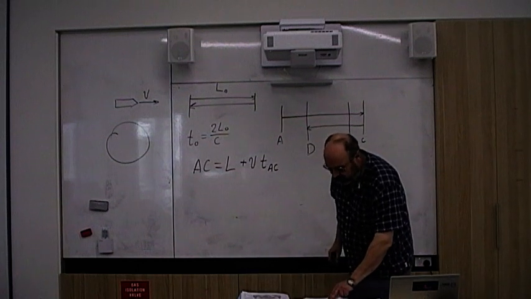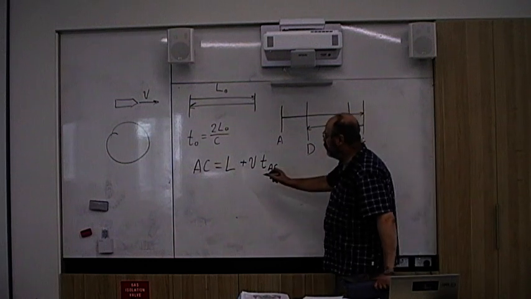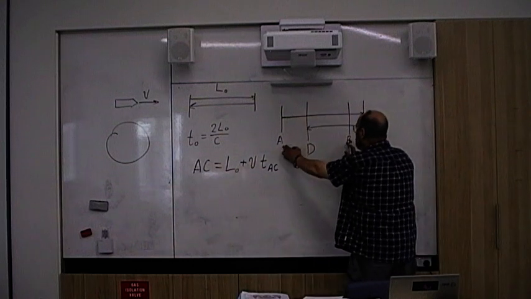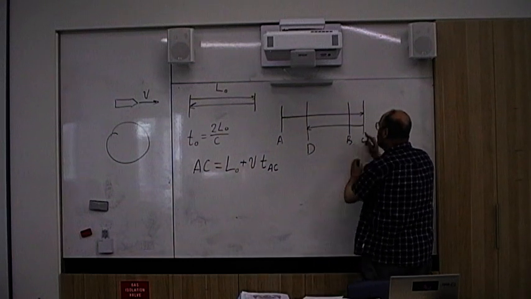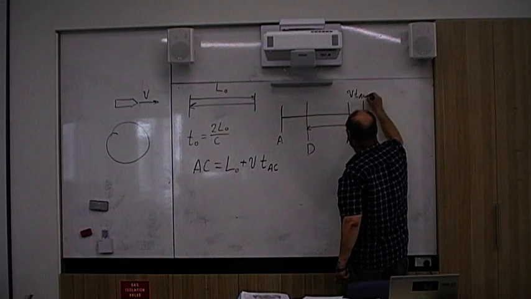It is the same length, yes. L0 plus, it has traveled some extra bit, and this extra bit will be V times the time from A to C.